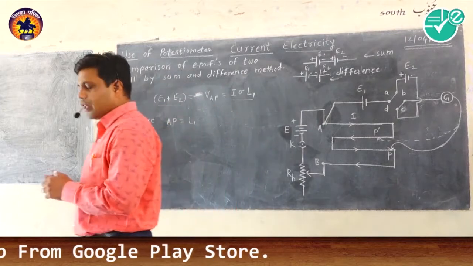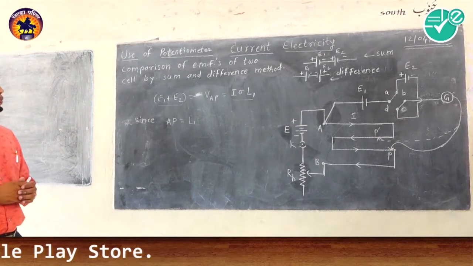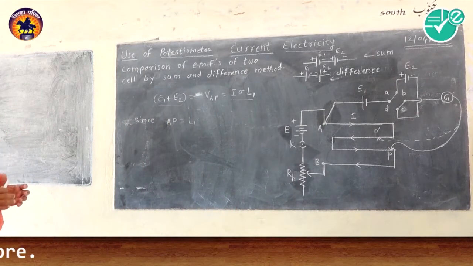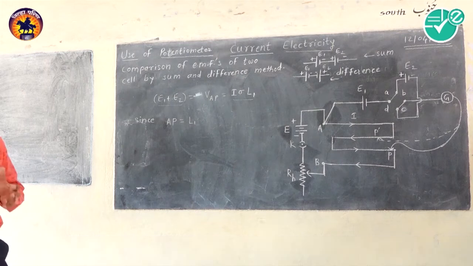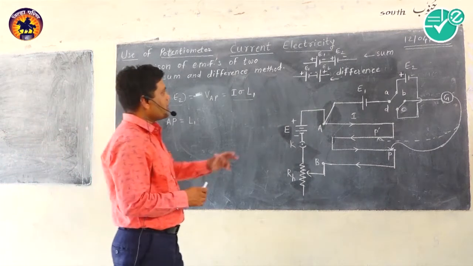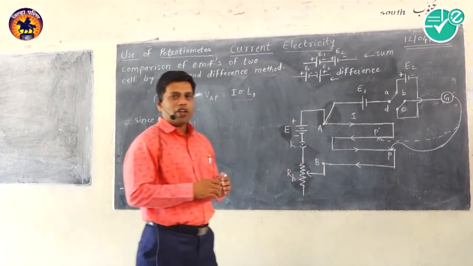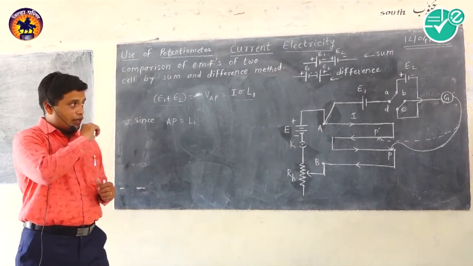Now, if we want to find the null point or the balancing length for the cells when they are connected in the difference method, we have to make a certain modification in the circuit.